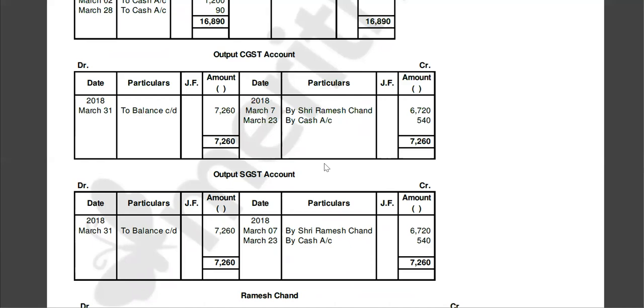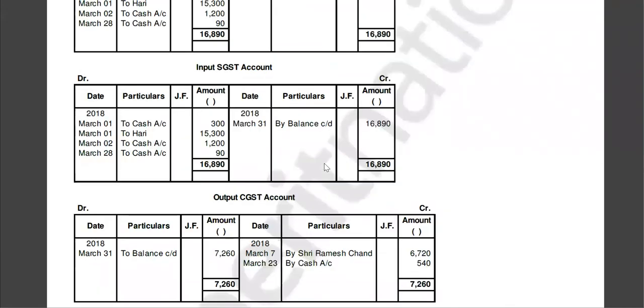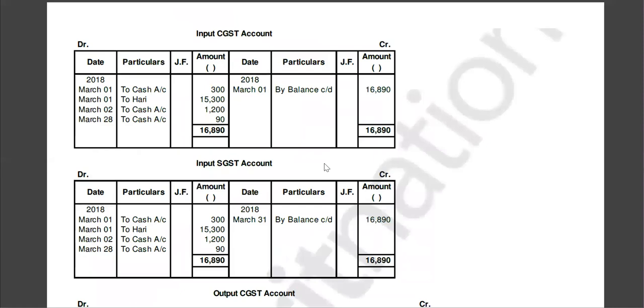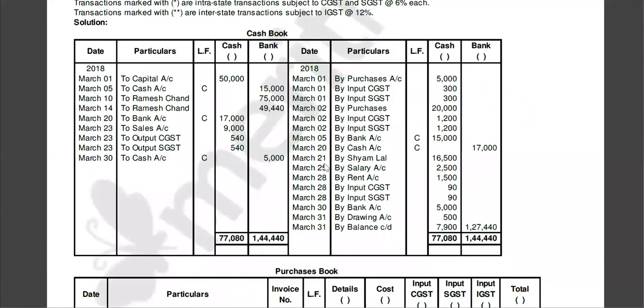I'll teach you how to do IGST, SGST. See your cash book. So what you just count there is how many CGST and how many SGST there are. You just number it out.